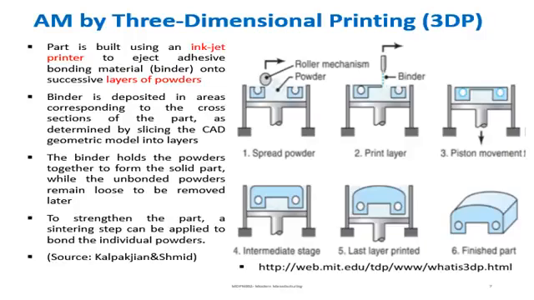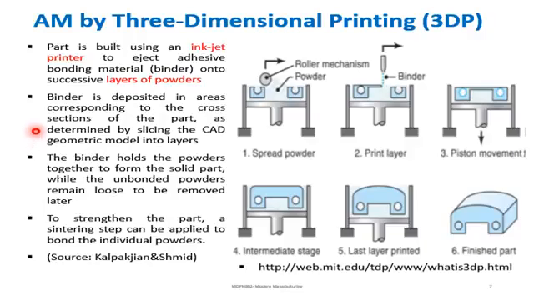The part is built up using an inkjet printer, but it does not really eject ink, it ejects adhesive bonding material, binder, into a successive layer of powders. So binder is deposited in the areas corresponding to the cross-section of the part that was actually determined by the slicing in the tessellation stage, you remember, of the CAD geometric model into layers.